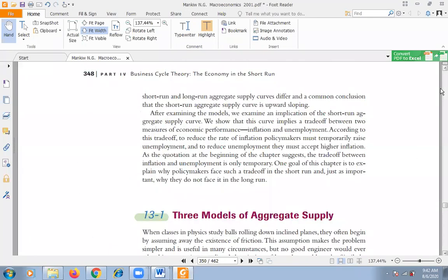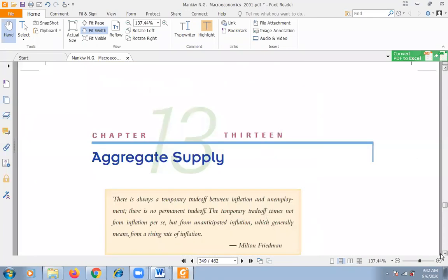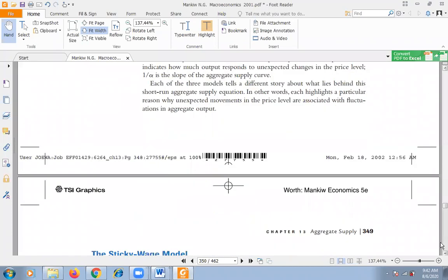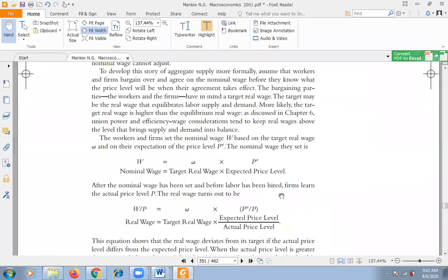The formula of real wage is over here. Our nominal wage is equal to target real wage multiplied by expected price.